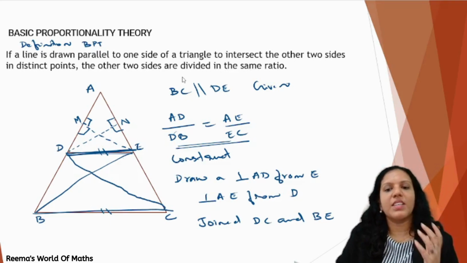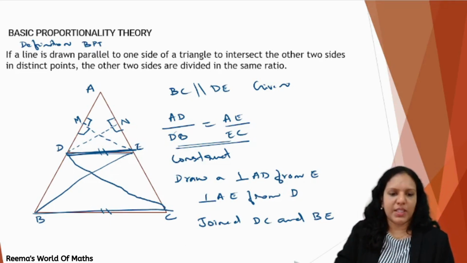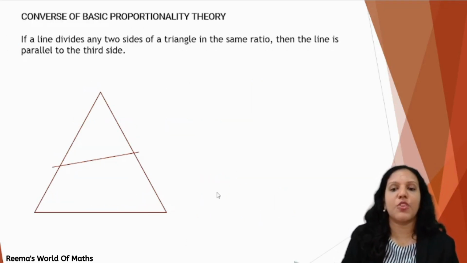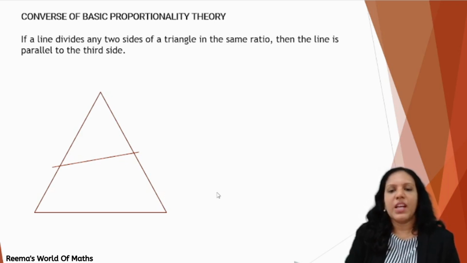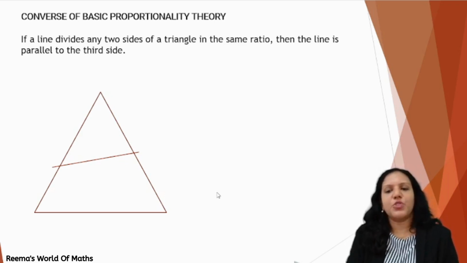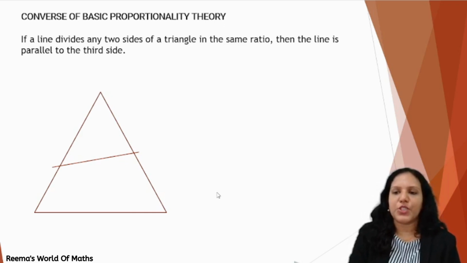Now let's see the reverse of the basic proportionality theorem, the converse of the basic proportionality theorem. As the name says, it is the reverse. Let's see the definition first. If a line divides any two sides of a triangle in the same ratio, then the line is parallel to the third side.